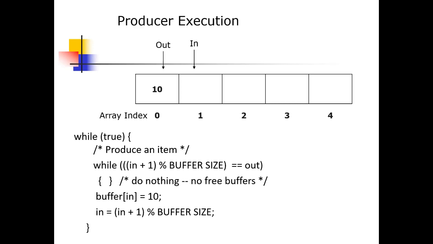In plus 1. Now in is 1. 1 plus 1 is 2, mod buffer size 5, equals out. Out is 0. So what is the condition of the while loop, true or false?